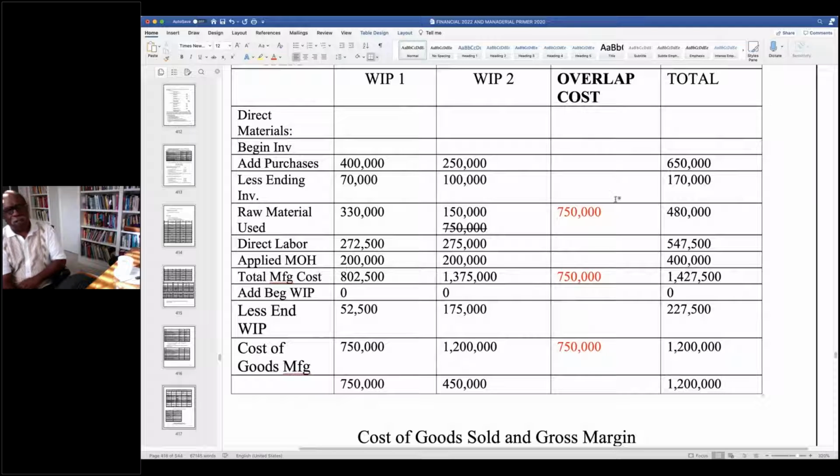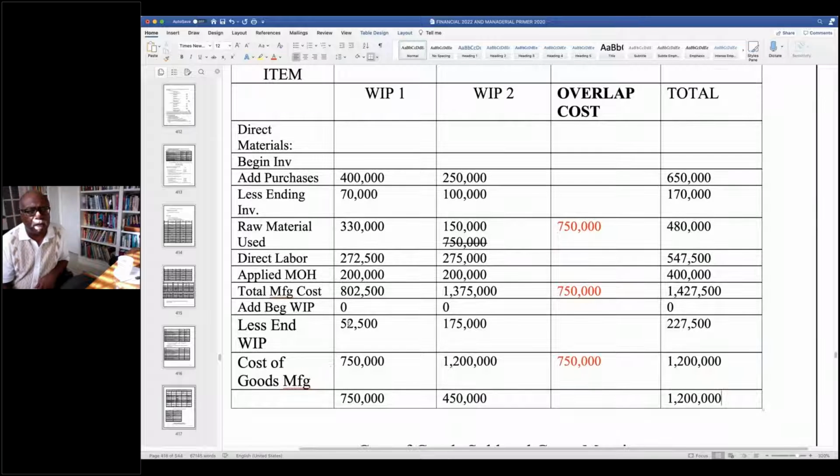So we have this overlap column because the cost from work in process 1, we transfer to work in process 2, but you can't count them two times, both here and then again here, to come up with your total manufacturing cost. Your manufacturing cost is 750 in work in process 1, 450 in work in process 2, and we just add them together.